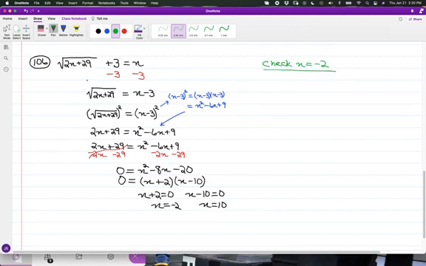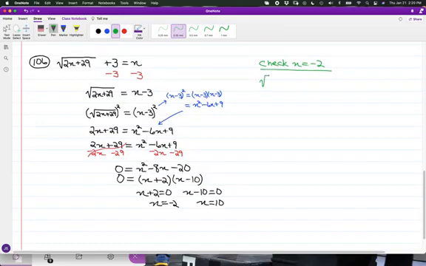So we have n at negative 2. The square root of 2 times negative 2 plus 29, followed by the addition of 3, is equal to negative 2. So you get negative 4 plus 29, which is 25. Now the square root of 25 becomes 5, not negative 5, 5 only.